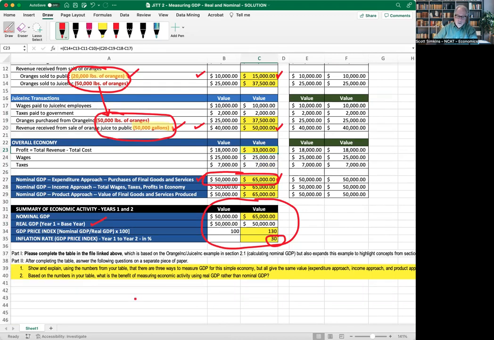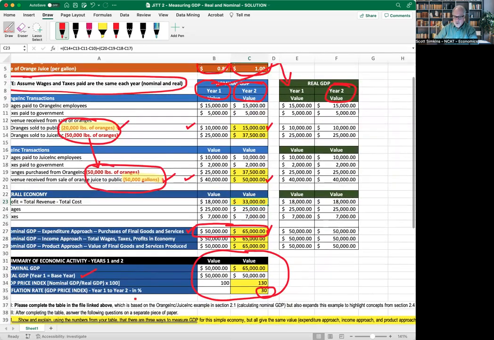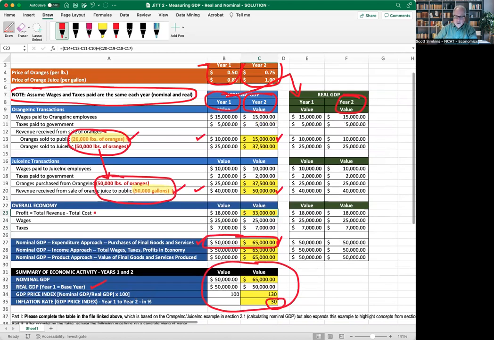It's important for you to go back through this chapter, section 2.1, and understand what we mean by nominal and real GDP conceptually. What's included in that? Why is it that measuring things by expenditures or income or production are all the same?